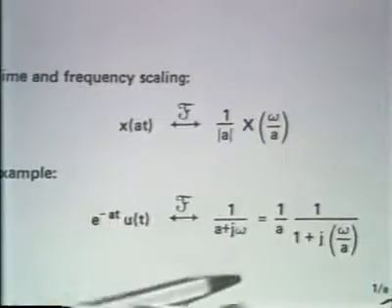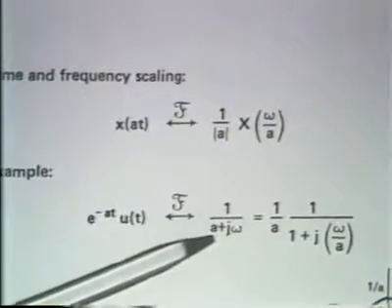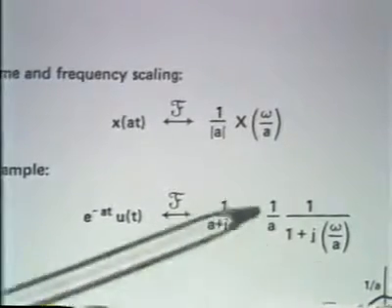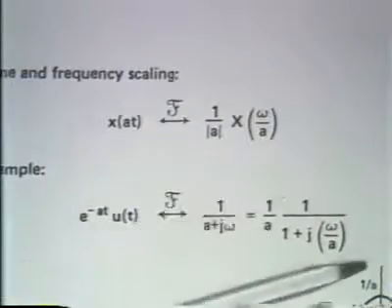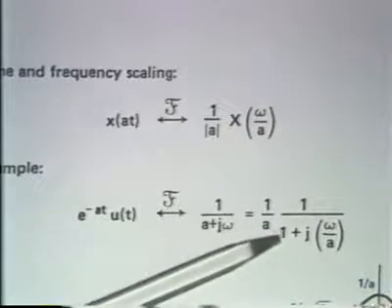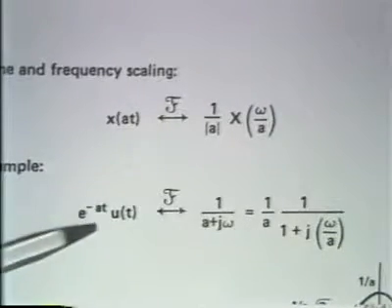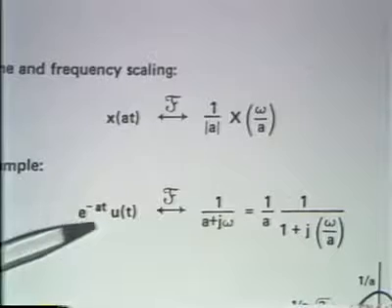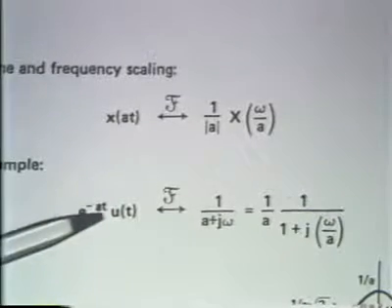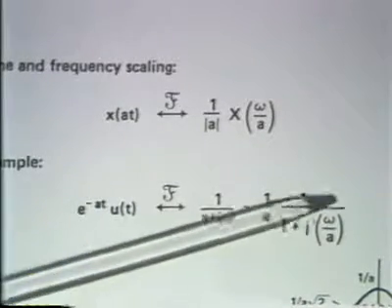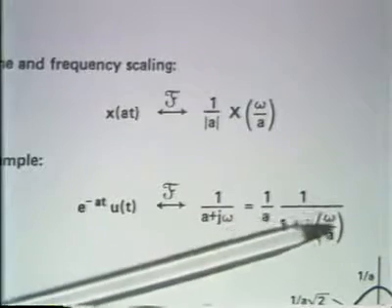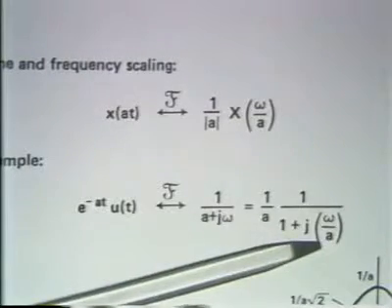And if I just simply divide numerator and denominator by a, I can rewrite it in the form shown here. And what we notice is that in the time function, we have a term of the form a times t, and in the frequency function, we have a term of the form omega divided by a.